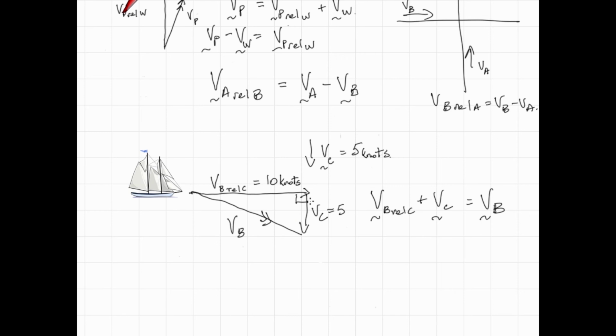What we can do now is put them in i and j components. So we've got the velocity of the boat relative to the current. That's just going straight across, so that'll be 10i. The velocity of the current will be negative 5j.